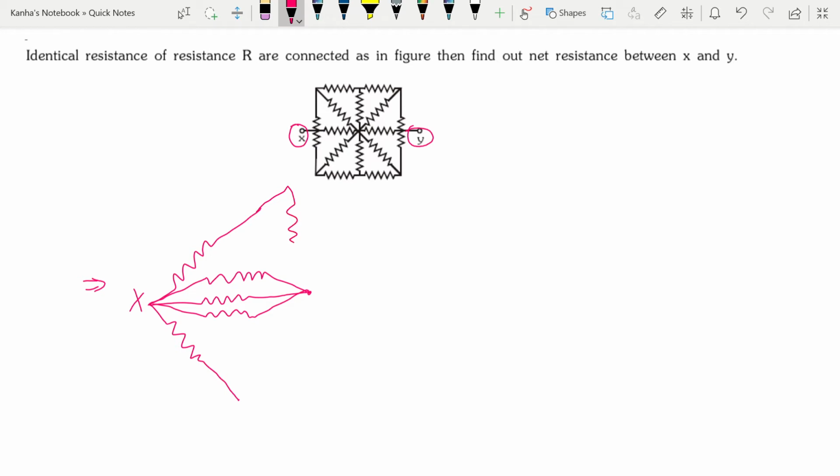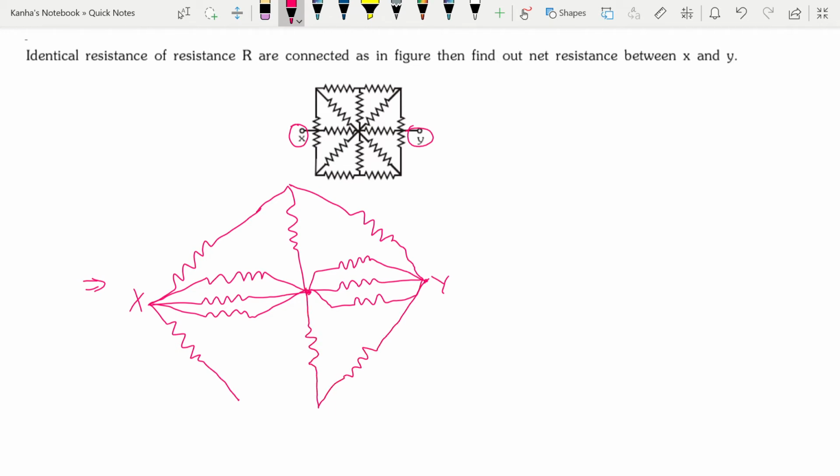Then I have another resistance from here till here. Similarly, I have another resistance on this end till the point Y. Here also I have 3 resistances in parallel. And while going down, I have resistances given like this.